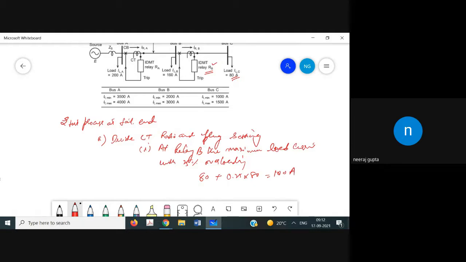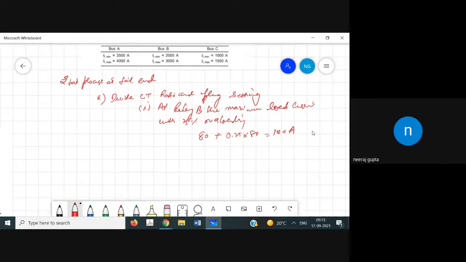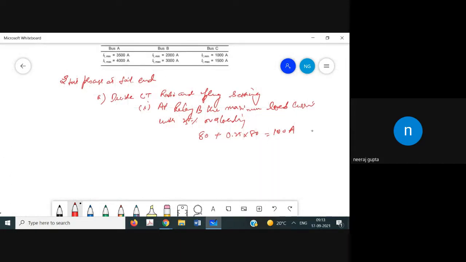Now, let us assume that the relay used at B is a 1 ampere relay.